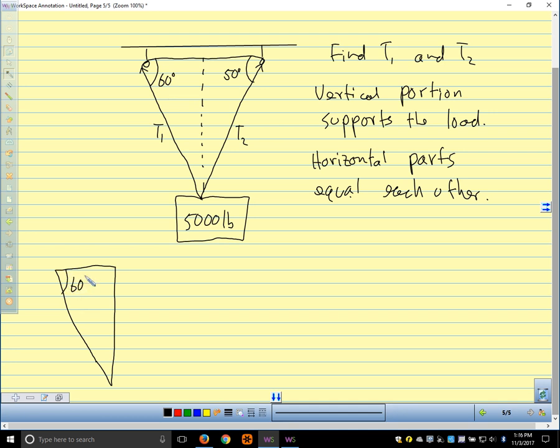So this is a 60-degree angle. And we have the other portion. I'm just thinking of it in two pieces, like this. And that's a 50-degree angle. And this is T1. And this is T2.